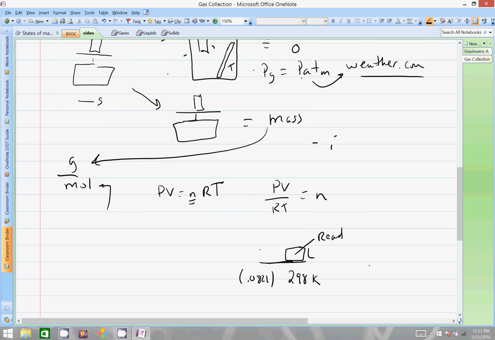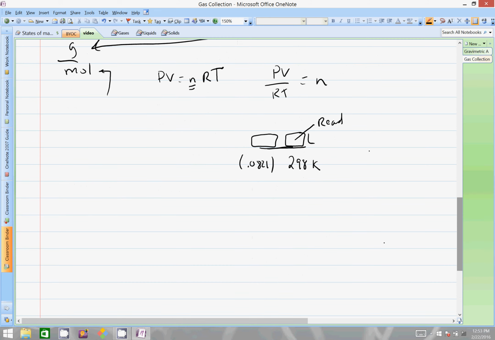And then we have the pressure. Now, as I mentioned earlier, because of how we did it, the pressure of my gas equals the pressure of my atmosphere. Now here's a little bit more information about that. Let's draw a picture of this.